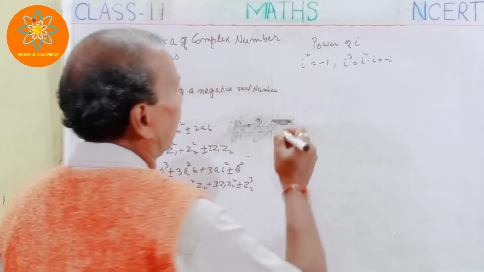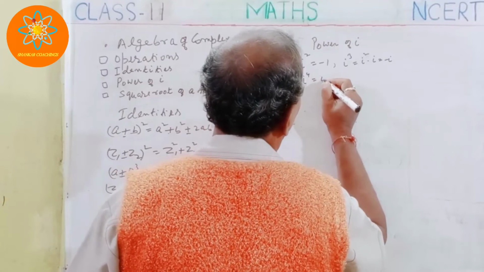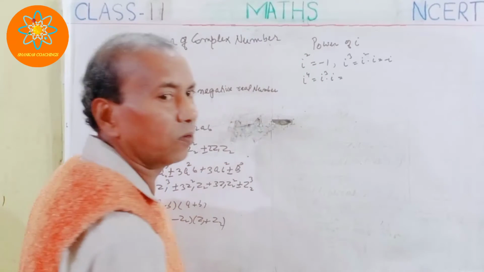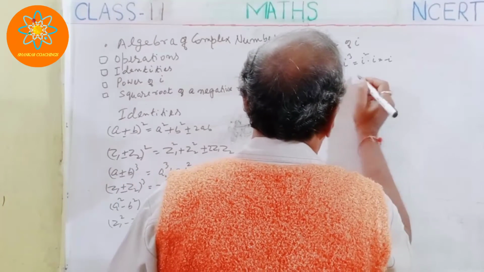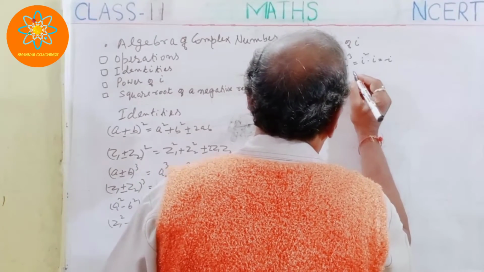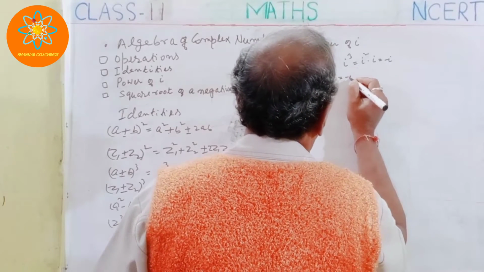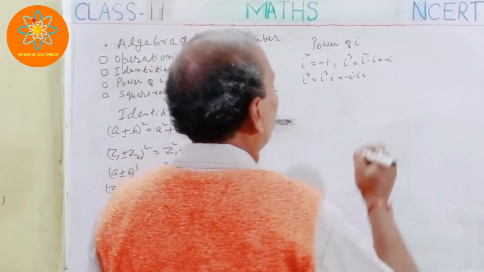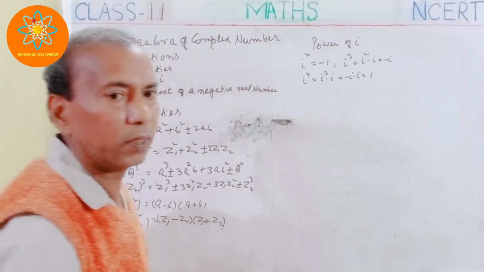Similarly, I will take i to the power 4. That is i cube into i. So what is the value of i4? I cube is equal to minus i, so minus i into i is minus i square, so this is 1.